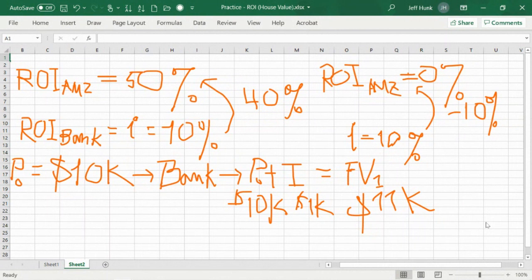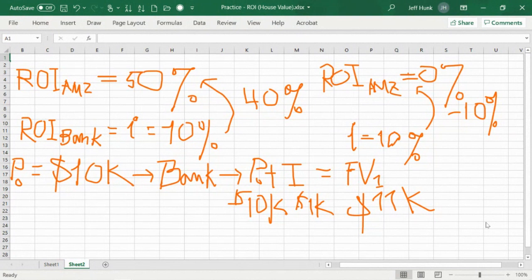So then think about it. One thing I said, bank interest rate is a return on investment, right? But unlike return on investment in the stock, if you're directly investing in Amazon stock, if things turn well, then you make 50% return. If things turn badly, then you get 0% return.